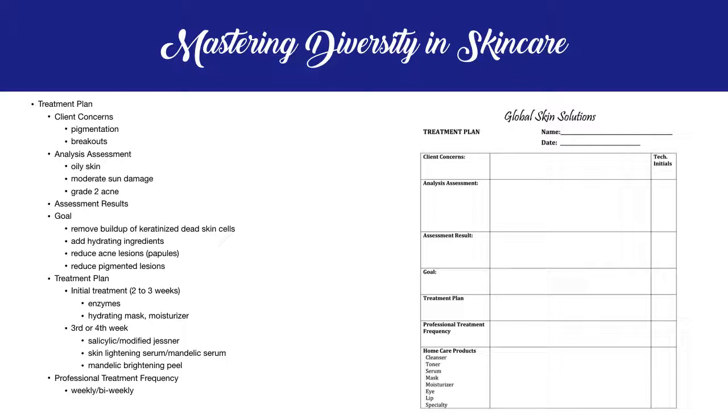On top of that, it would be a Mandelic brightening peel. And that brightening peel has Mandelic, which is great for hyperpigmentation as well as acne, but it has a retinol. It has kojic acid, as well as mulberry and arbutin, alpha arbutin.